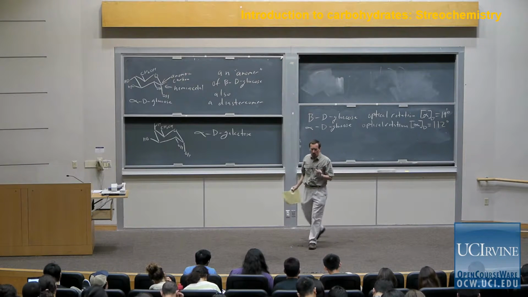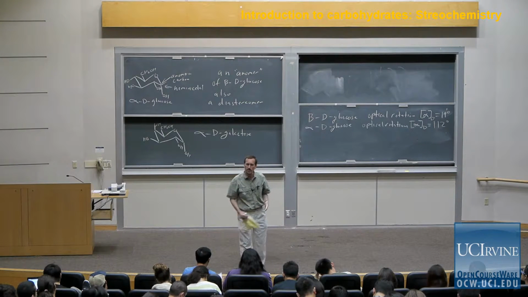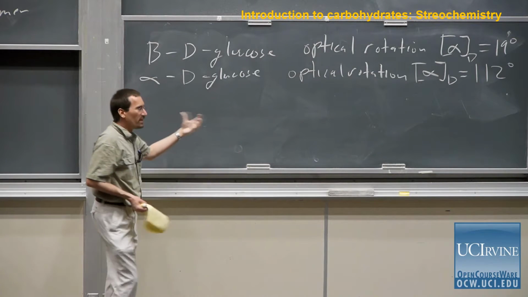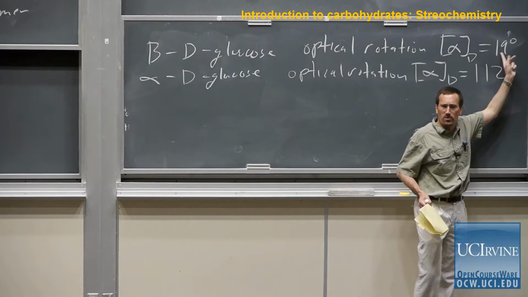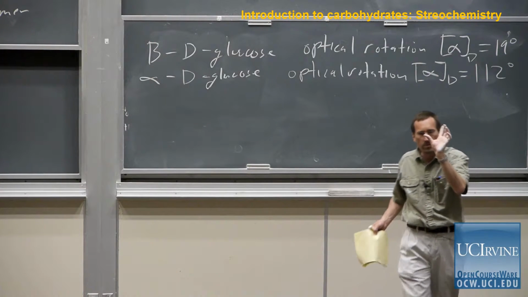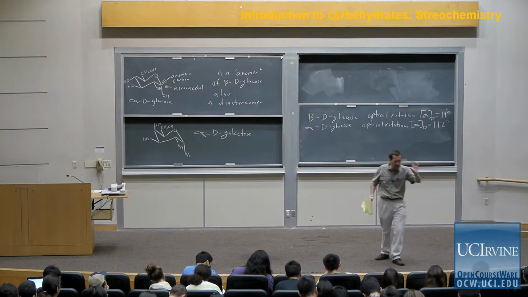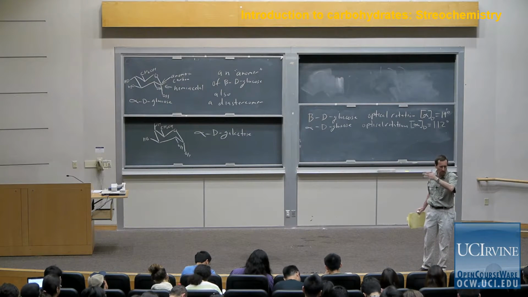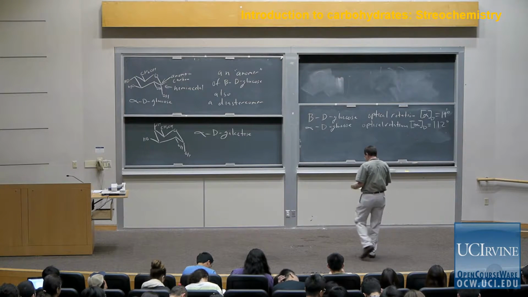Now, what's cool about glucose, and this comes back to your question about why we consider them different but not that different, is if I take my solution of beta D-glucose with a 19-degree specific rotation, and I let that solution sit, you can see the glucose interconverting from the beta isomer to the 36 to 64 mixture of beta and alpha, because the rotation changes with time.